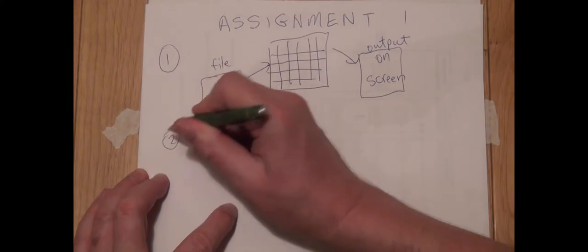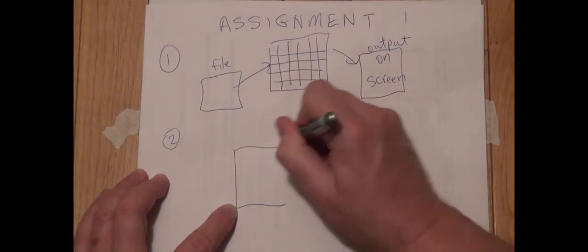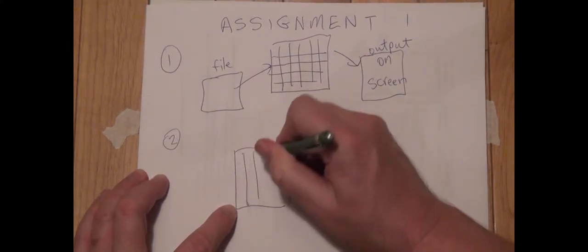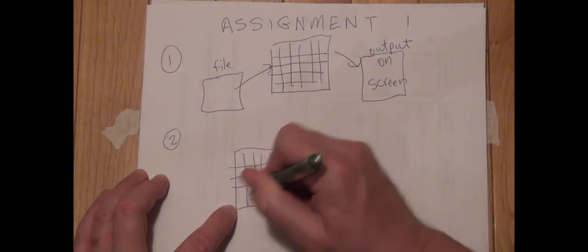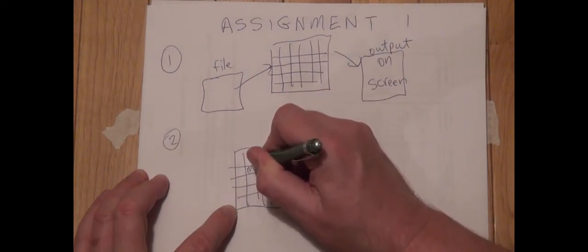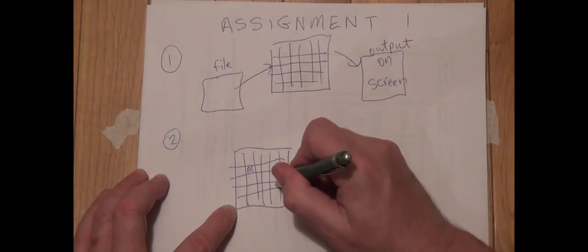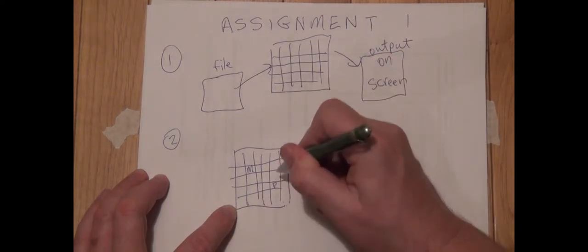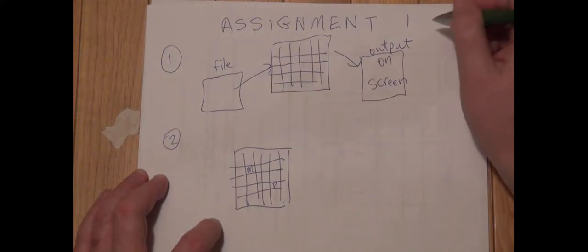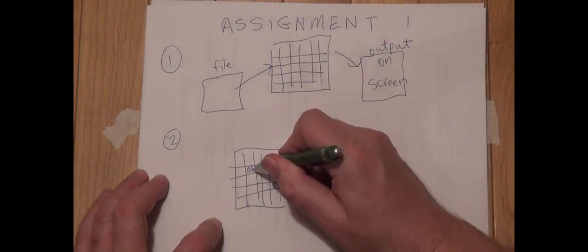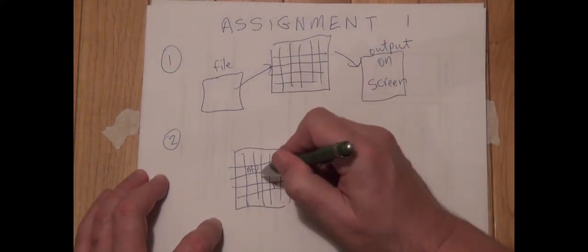The second major part is, given a monster in a 2D array in some location, we want to plan to reach a destination in terms of what moves the monster makes.